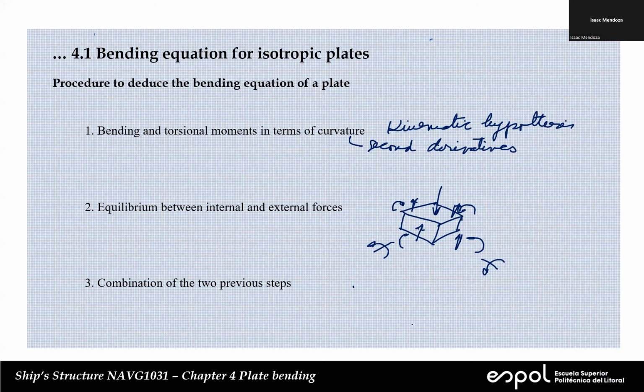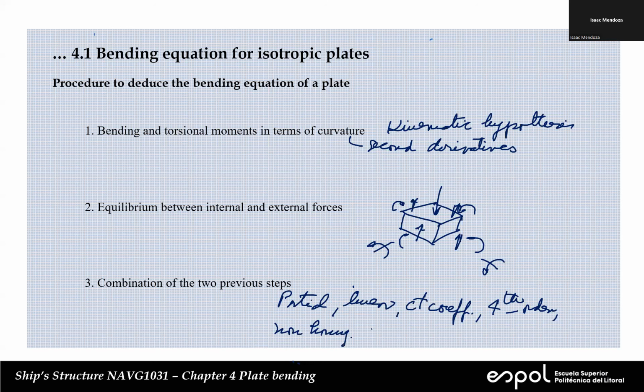So we combine the first two steps and we end up with the partial differential equation. I'm not going to write it here. We're going to do it next session. It is a partial, linear, constant coefficients, fourth order, non-homogeneous differential equation.